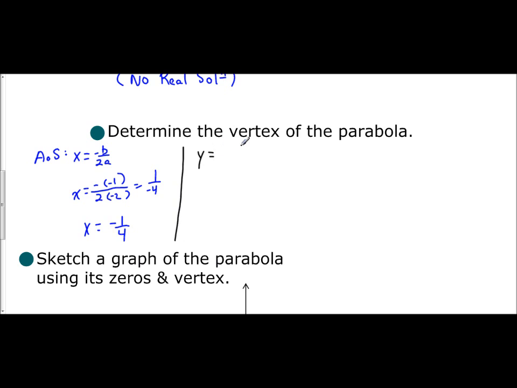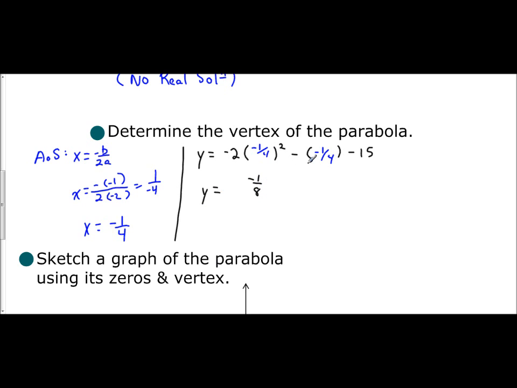Now we take that value and plug it into our function. y equals -2x squared minus x minus 15, and the x value I have is -1/4. So -2 times (-1/4) squared is going to give me -1/8.